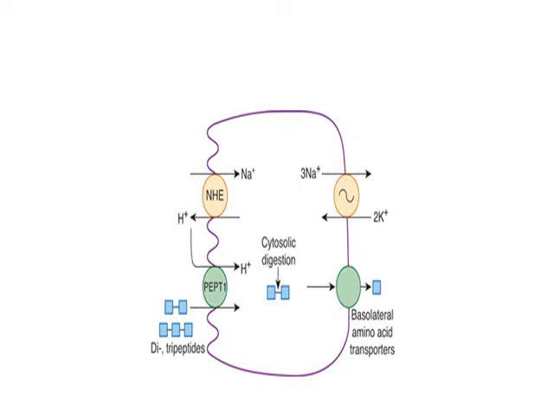Amino acids released inside the intestinal mucosal cells, as well as amino acids absorbed from the intestinal lumen and from the surface of the intestinal mucosal cells, are transported from the enterocytes to the interstitium by at least 5 different transport mechanisms. Two of them are dependent on sodium and the rest three are not dependent on sodium.